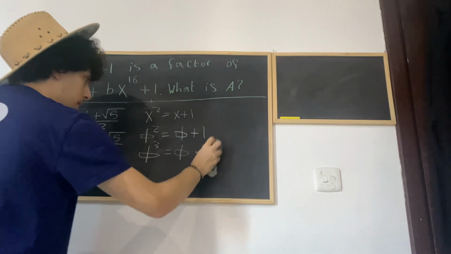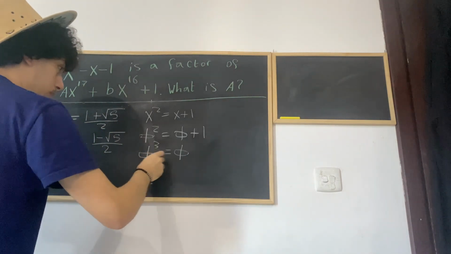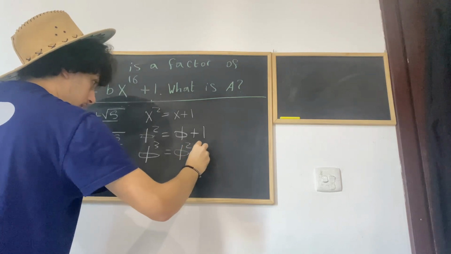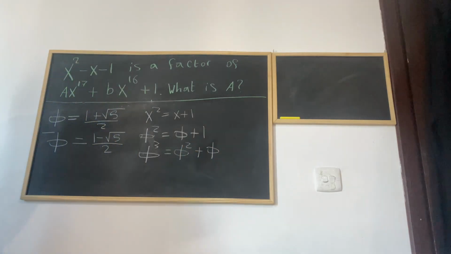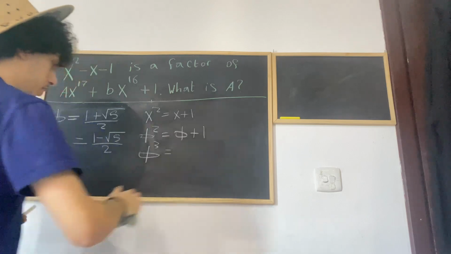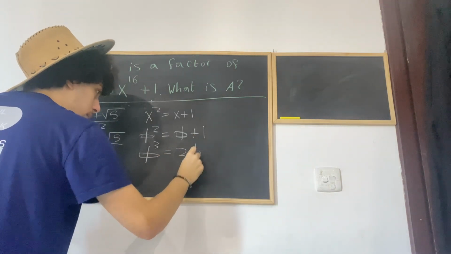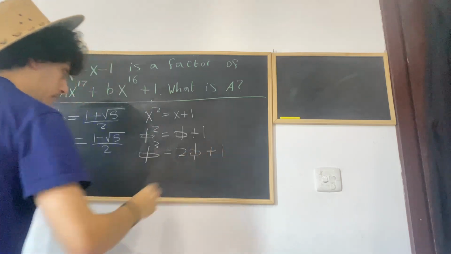So if we substitute that in, we get that phi cubed is equal to phi squared plus phi. But didn't we say phi squared is equal to phi plus 1? And if we substitute that in again, we're going to get 2 phi plus 1. So let me write that here. So phi cubed is equal to 2 phi plus 1.